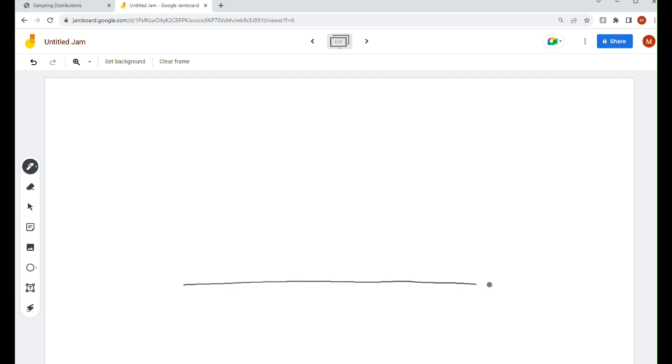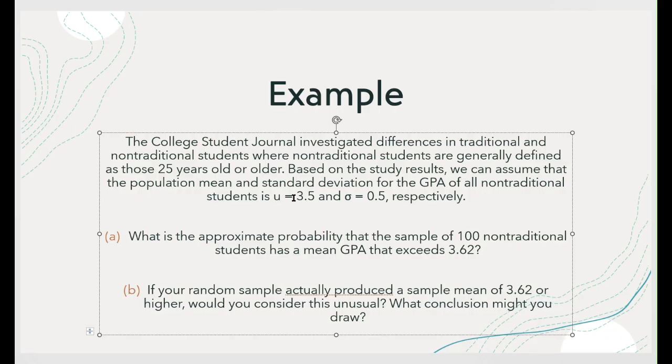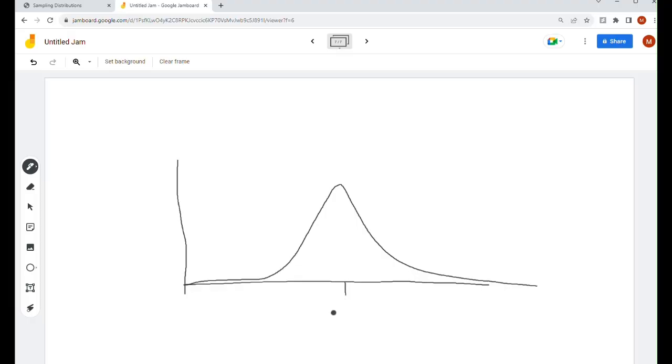So we know that the sampling distribution we're going to get is a normal distribution. It's not a very good normal distribution diagram, and it's going to have a mean that is equal to the population mean, which we already have. So our sampling distribution has a mean of 3.5.